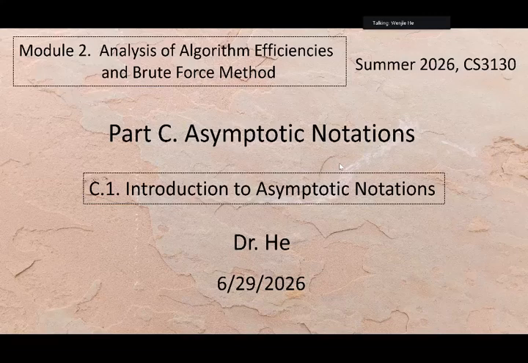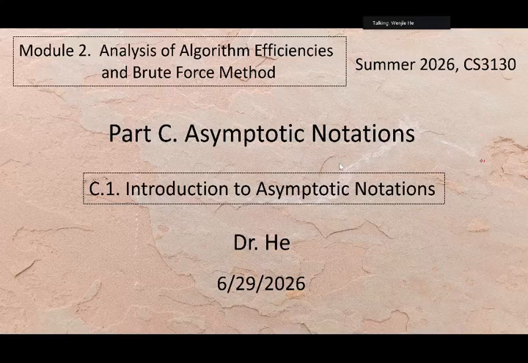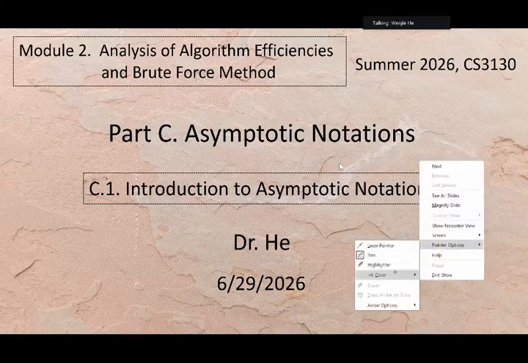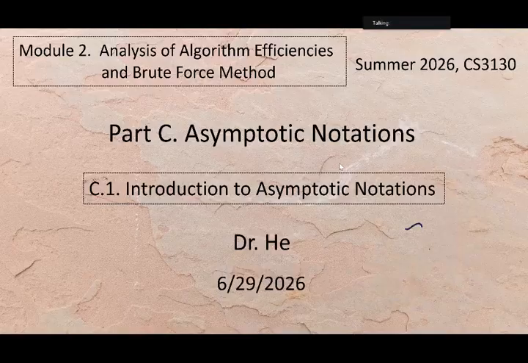That's the hard part, because this concept is very abstract, so we need to try our best to understand it. C.1, Introduction to Asymptotic Notations.